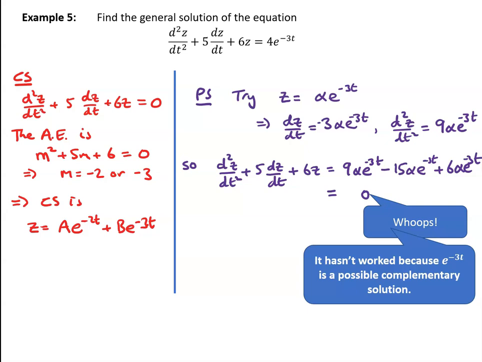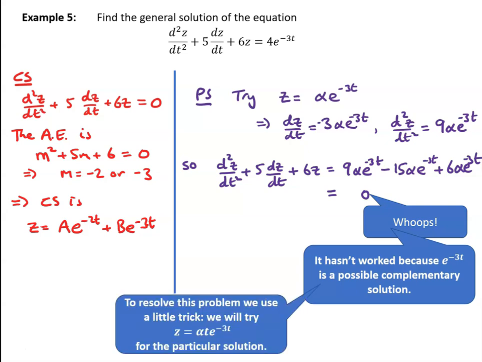So we know that if I have z equals e to the minus 3t, or z equals b e to the minus 3t, or z equals alpha e to the minus 3t, then d2z dt squared plus 5 dz by dt plus 6z equals 0. So there's no chance that putting z equals alpha e to the minus 3t is going to work in this case. We need to be a little bit more subtle.